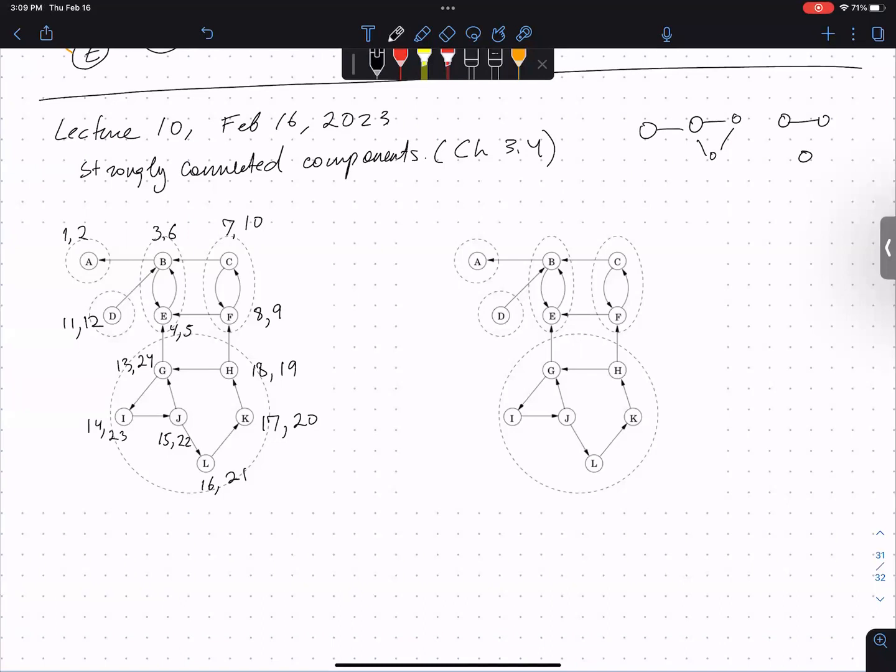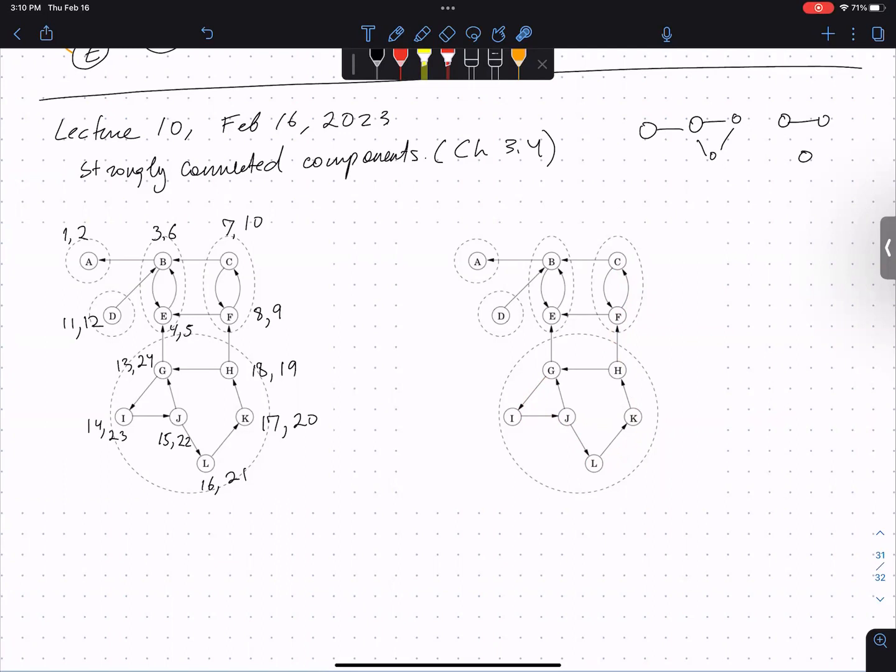You might have a path from U to V, but not a path from V to U. Look, for example, at C and G in this graph. There's a path from G to C. It's this path. But is there a path from C to G? Look carefully, you'll realize there's no path from C to G.